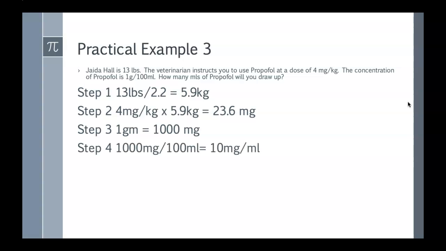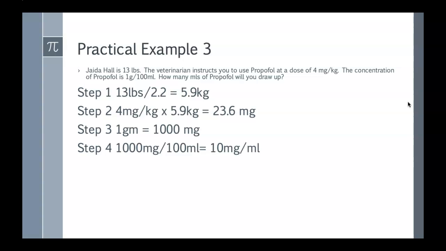So my next step here is going to figure out the mgs per mil, because that's a workable solution, because then we're working with the same units. We're working with milligrams. So I'm going to take my 1,000 milligrams and divide it by the 100 mils to figure out our concentration in mgs per mil. So I take 1,000 divided by 100, and we've got 10 mgs per mil.